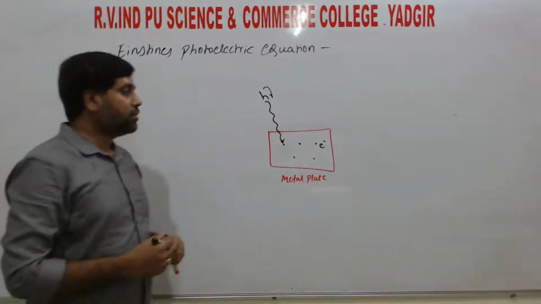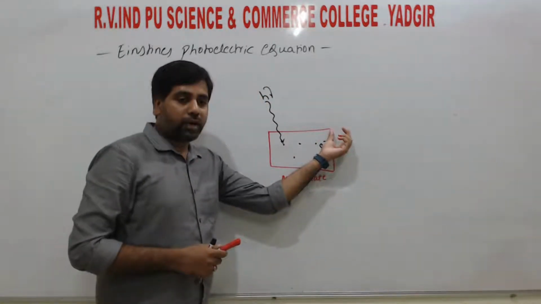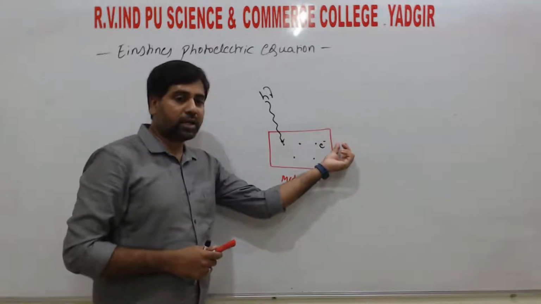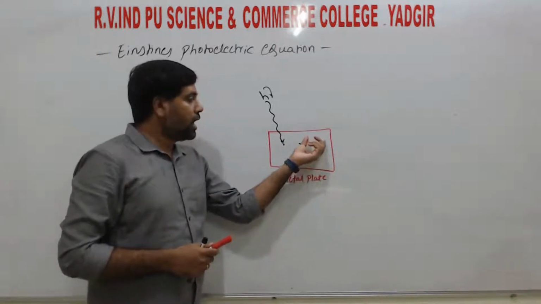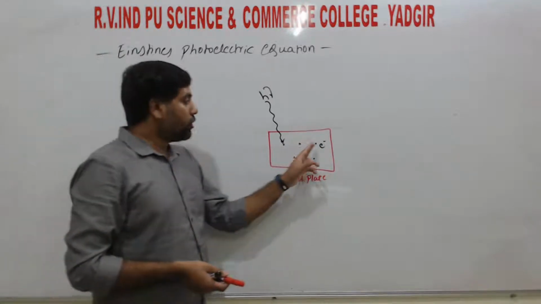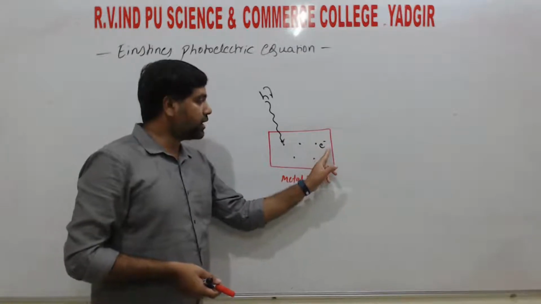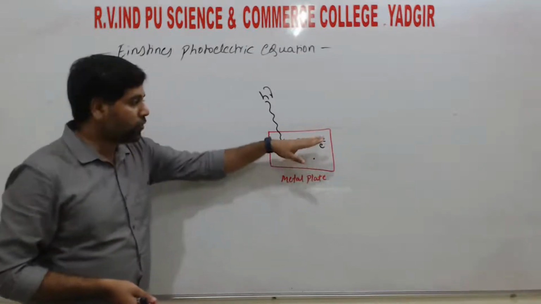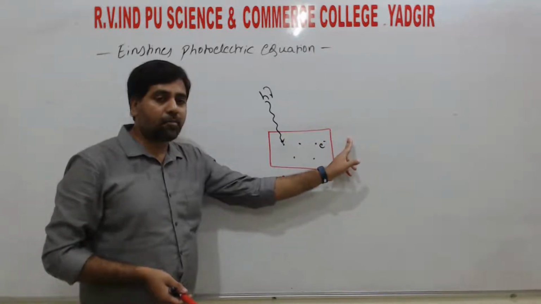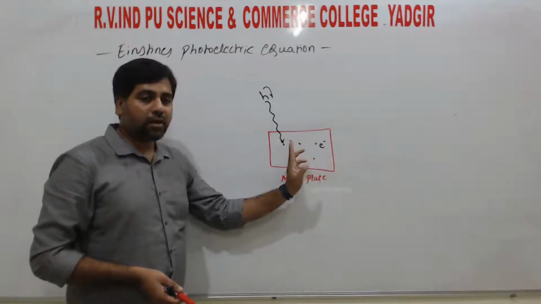In the beginning we discussed that the electrons do not come out freely. These are free electrons which will not come out easily from the metal surface because of the attractive force between the positive and negative charges. So if this electron gains the minimum energy, then it breaks the force of attraction between the opposite charges and the electron will come outside. That minimum energy we call the work function, right?